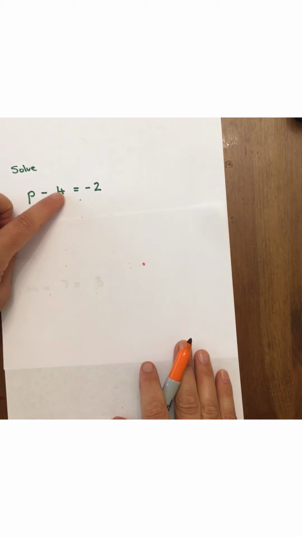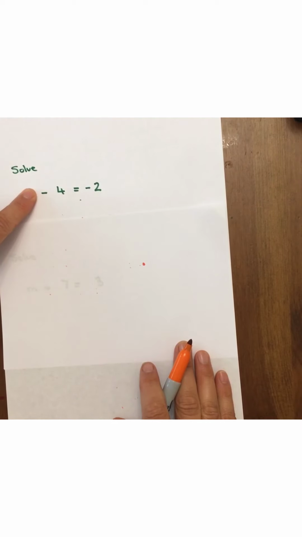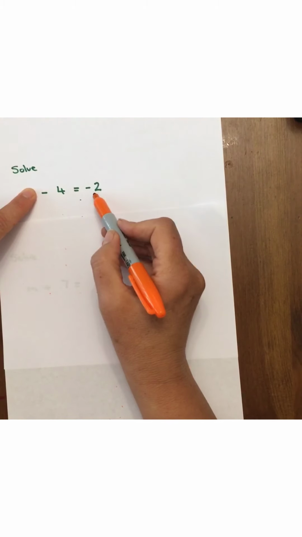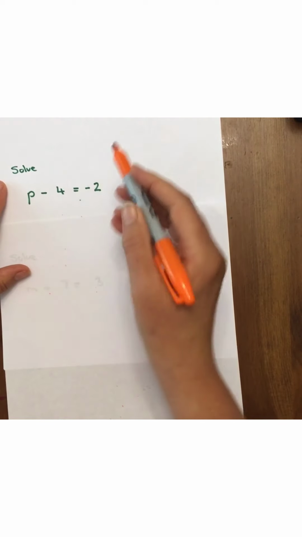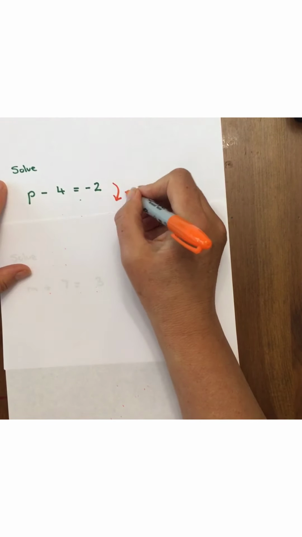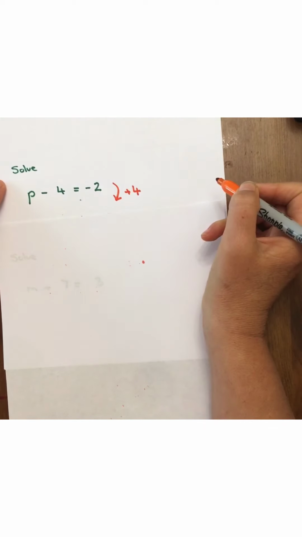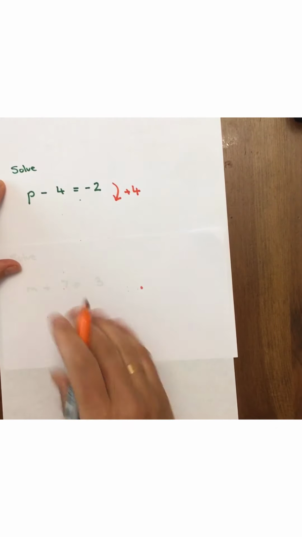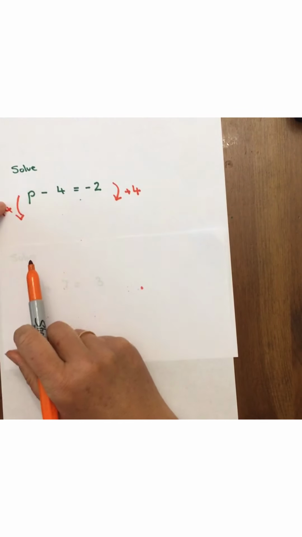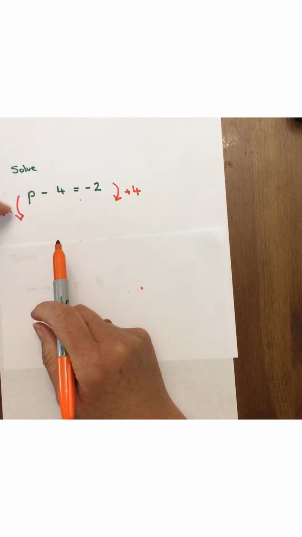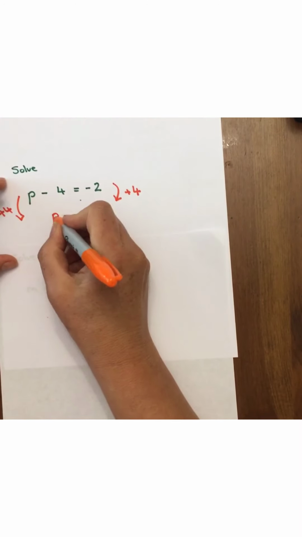Okay, let's look at one more example. Something take away 4 is negative 2. What will my something underneath my finger be? So I need to get a negative answer. What's the opposite of taking away 4? Well, the opposite of taking away 4 is to add 4. So if I add 4 to both sides of the equation, add 4 and take away 4 cancel each other out, and I'm left with p.